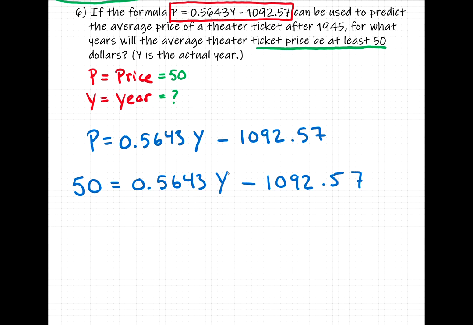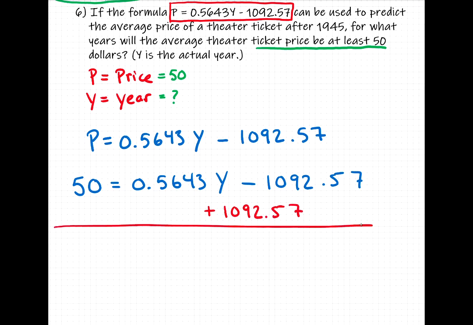We have to solve for Y. We have to isolate the Y. So we have a minus here. We have subtraction. So to get rid of a minus 1092.57, we could add 1092.57. And whatever we do to one side, we do to the other.